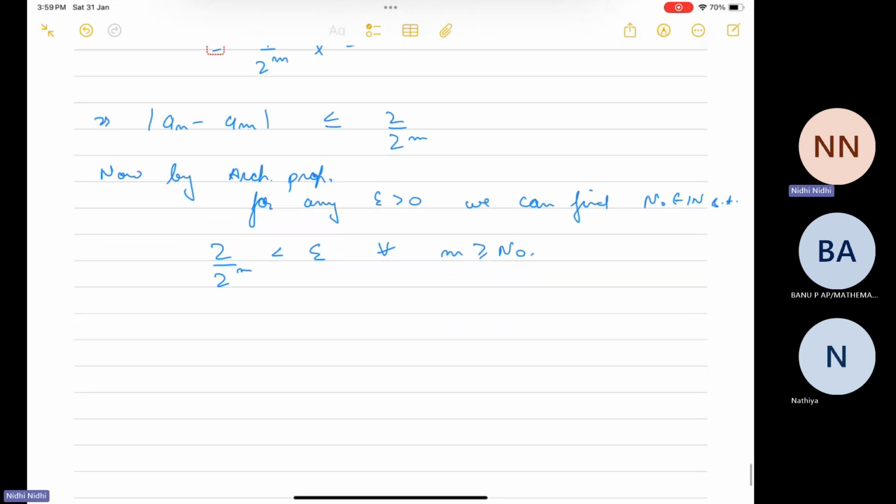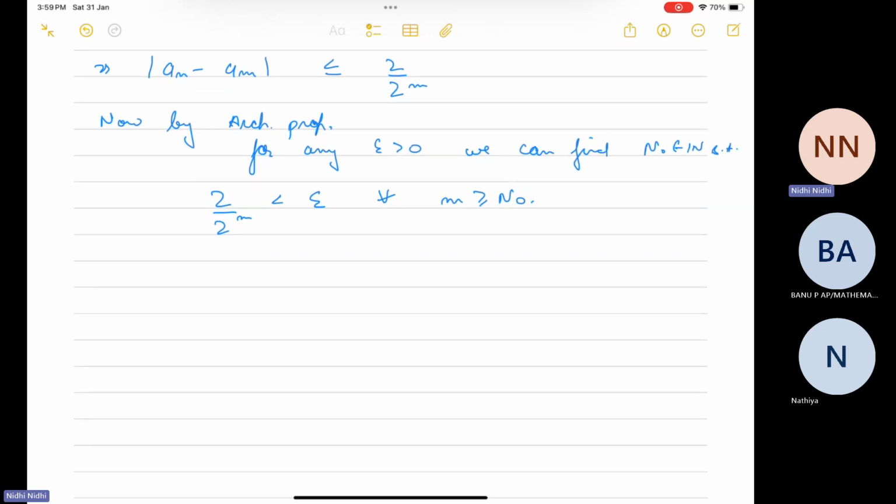That's the beauty of the Archimedean property, which eventually implies that mod a_n minus a_m is strictly less than epsilon for all m greater than or equal to n naught.